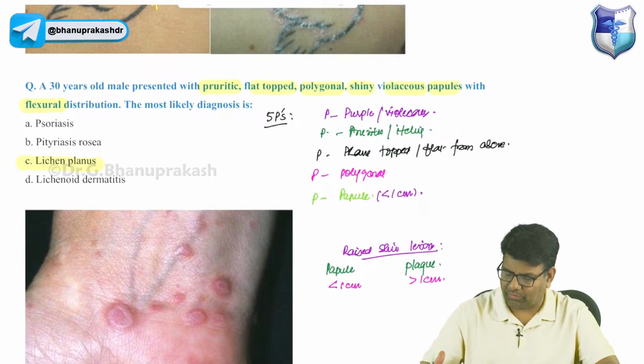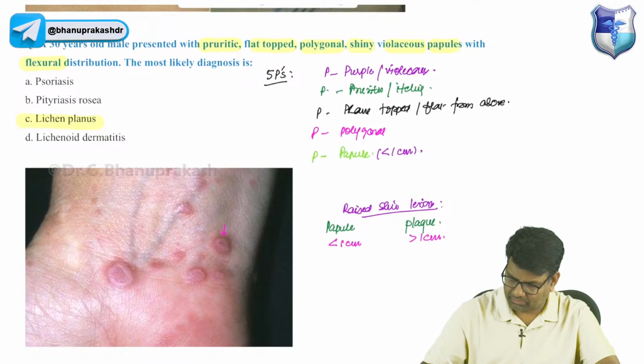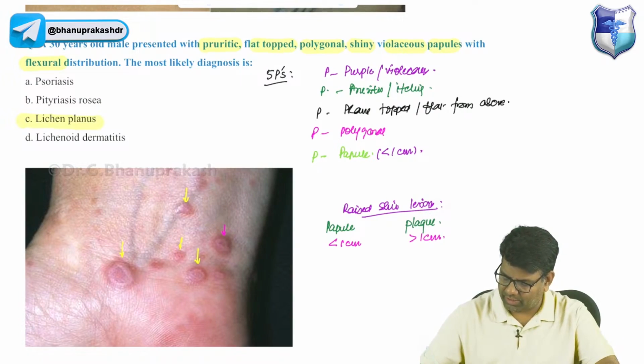These are the 5 P's of lichen planus, and you can see classical lichen planus, especially involving the flexor areas. This is the flexor aspect of the forearm, and there might be lacy markings in the oral cavity associated.